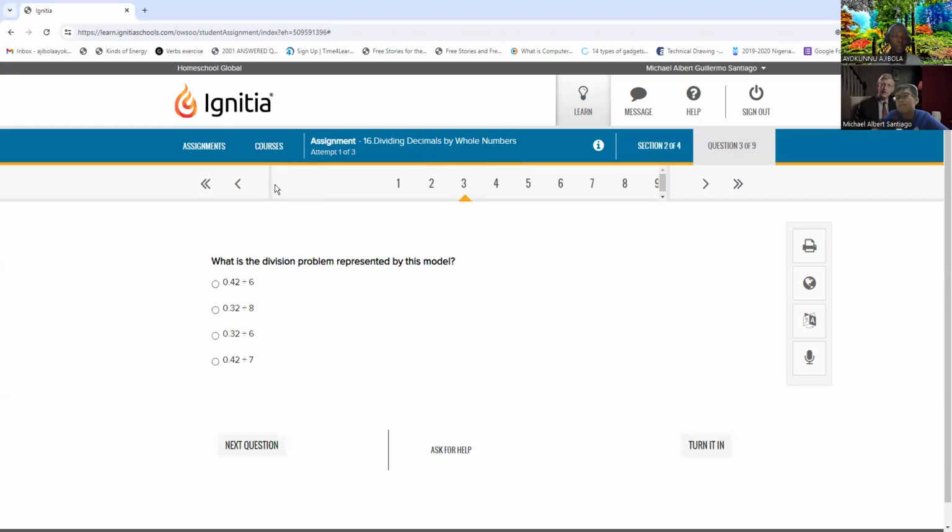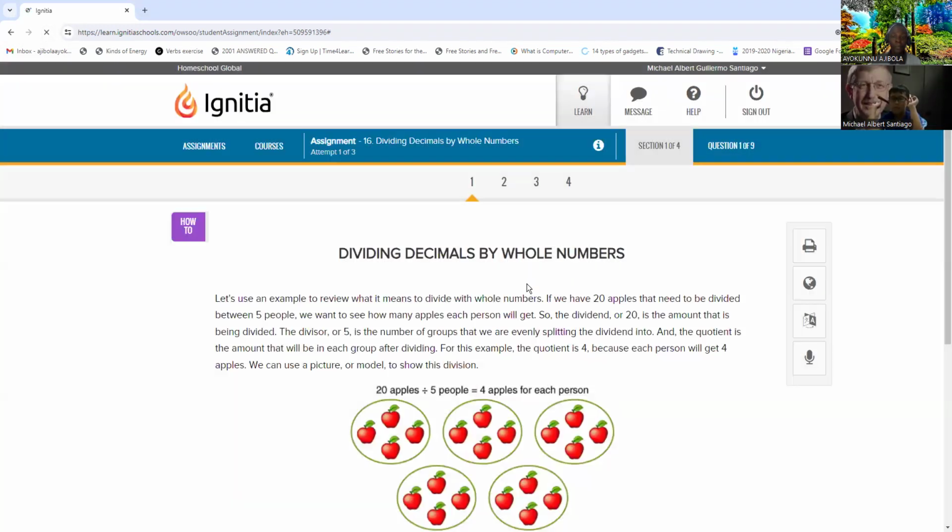Now we cannot do some of the questions because it didn't bring out any model that is being requested for, okay? So what do we do? Are we to turn it in? Let me refresh and see if it's going to bring it.